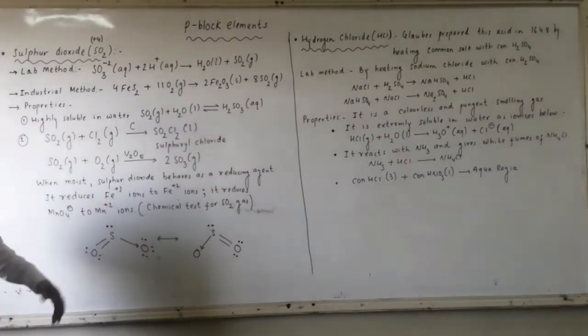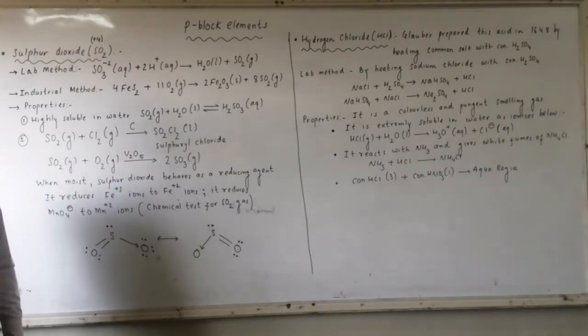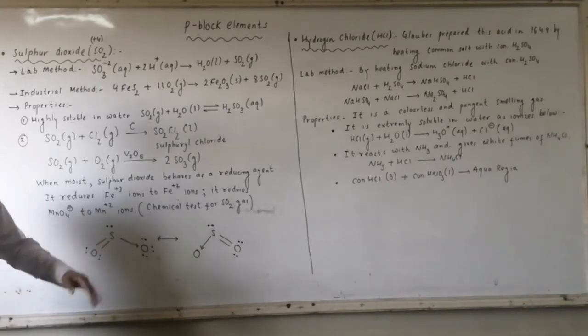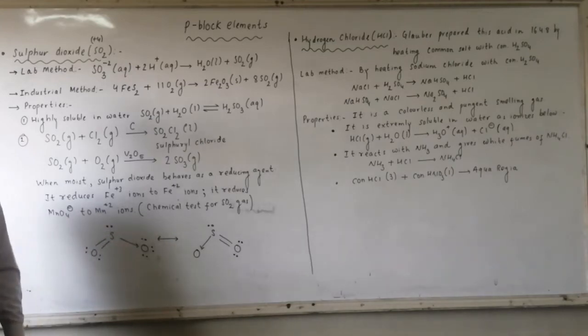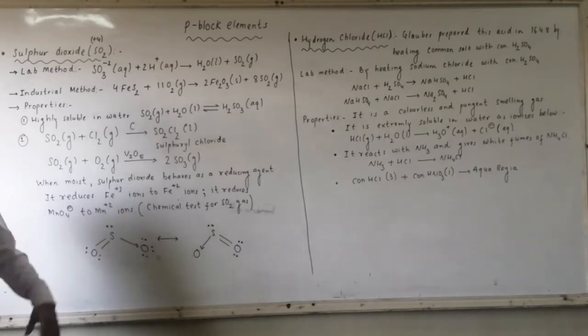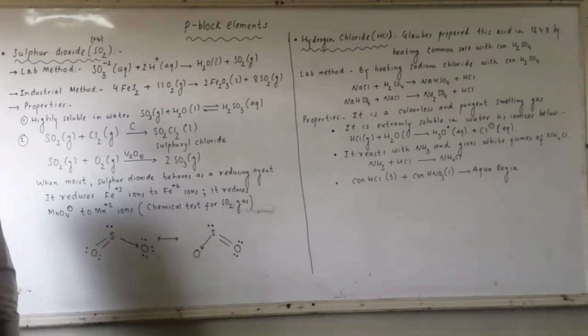Then about the structure, SO2 is a resonance hybrid of two structures, where one oxygen is forming a double bond with sulfur, and there is a coordinate covalent bond between sulfur and the other oxygen. In resonance, there will be a change in the position of the double bond and the coordinate covalent bond.